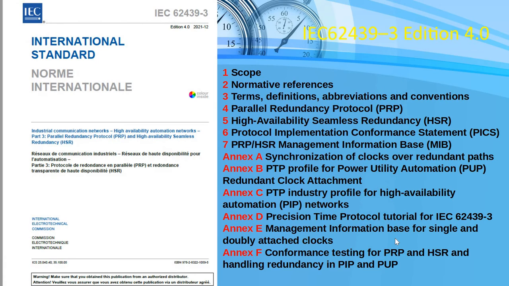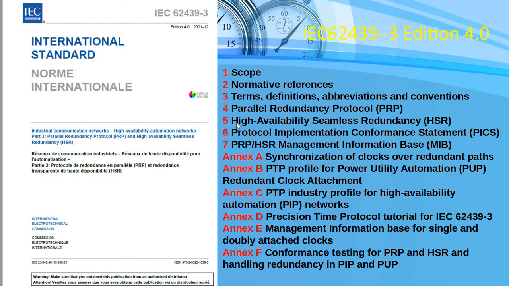In 2021, the IEC 62439-3 edition 4.0 was released. There are the following contents: scope, reference, terms, and definitions. Clause number 4, same as before, is about the PRP network.